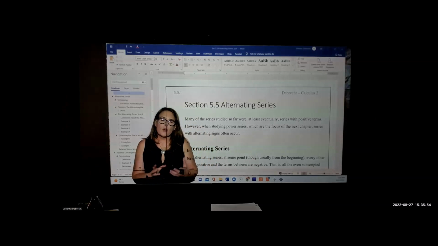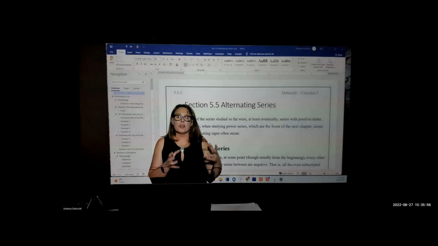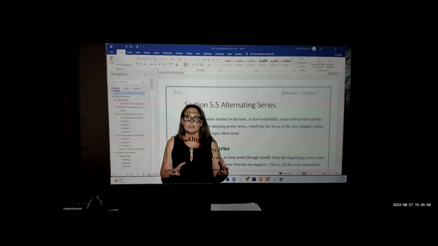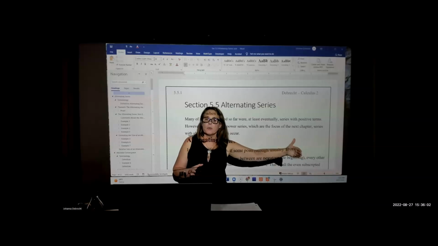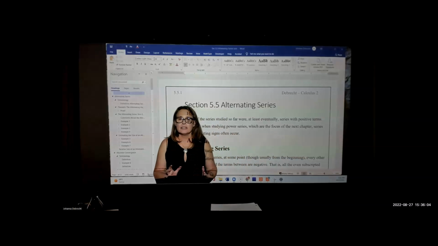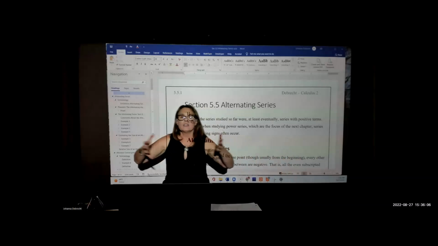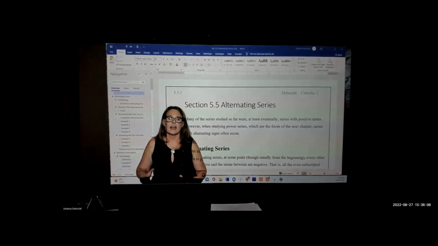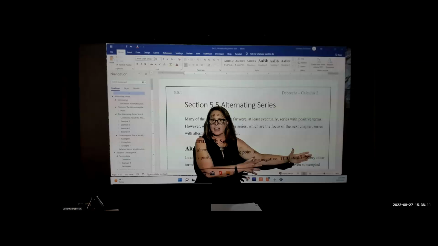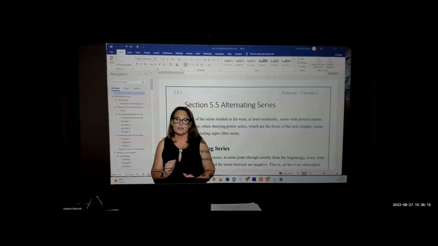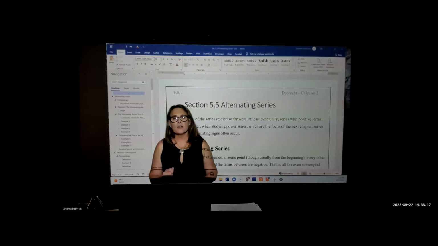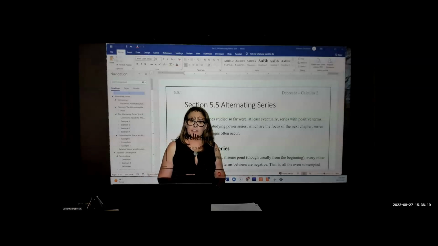Now, it's not required that the head of the sequence be alternating, but at some point, the tail forevermore must be alternating in sign. And then again, we chop off the head and set it aside, and we focus on the tail of the sequence where it's following that alternating sign pattern. That's the thing that we want to talk about in this video.